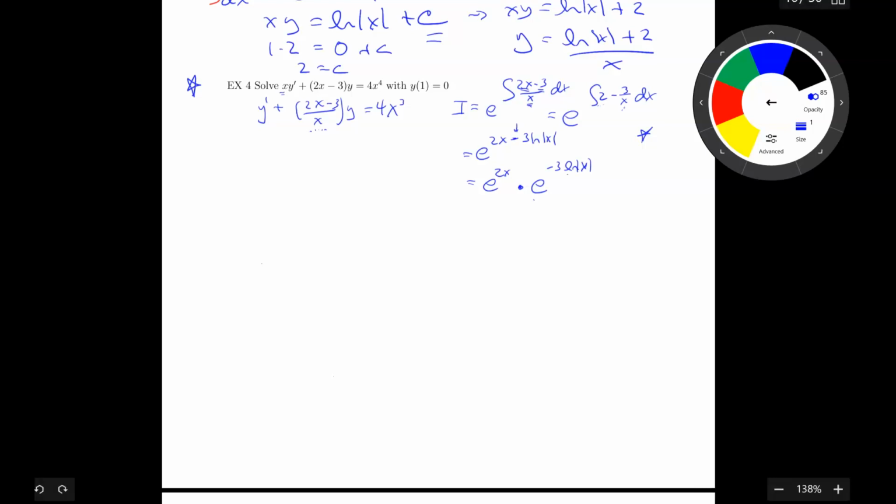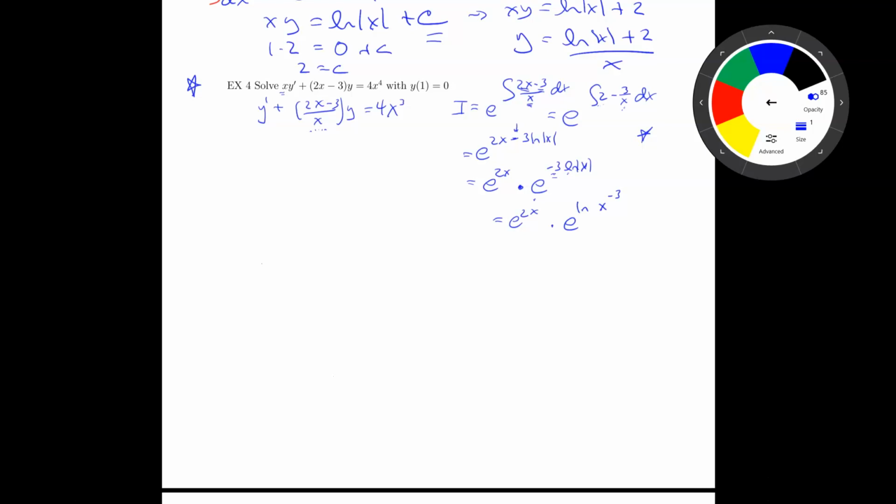Okay, this e and this ln need to cancel, but I have to move this negative 3 first, right? So I'm going to say e to the 2x times e to the ln of x to the negative 3. And again, for reasons I'm not going to worry about explaining, you can eliminate the absolute value on the x. So this exponent has to come up.